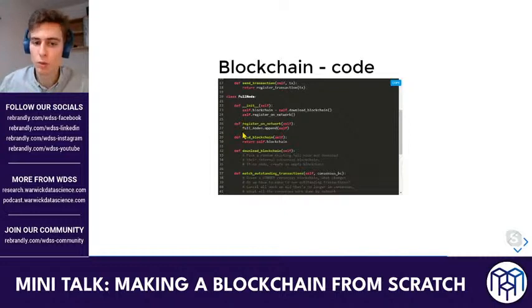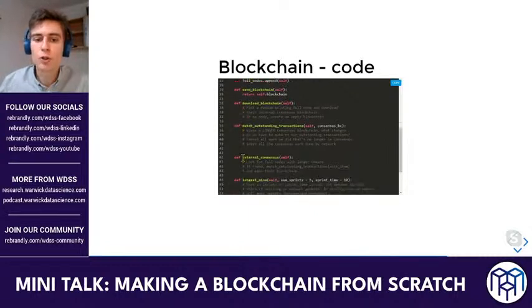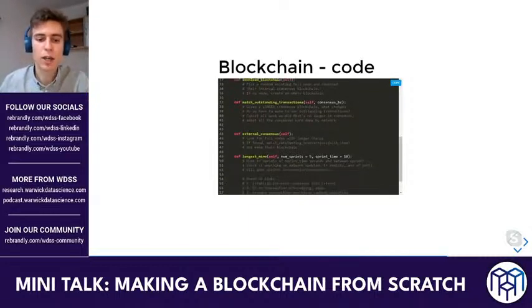Full nodes will register on the network, will be able to download the entire blockchain, will do the external consensus, will check other full nodes to see what they have as their consensus chain, as their longest chain, and match that with what we have internally. So we know we're keeping the information up to date.